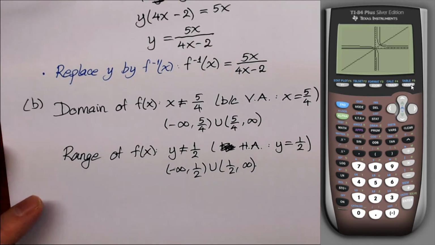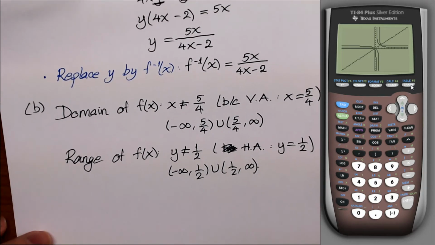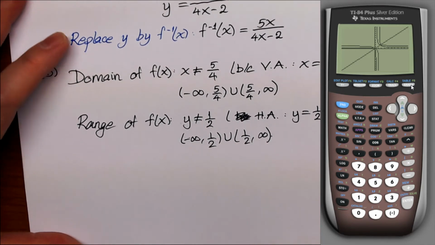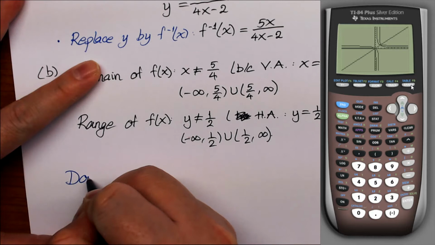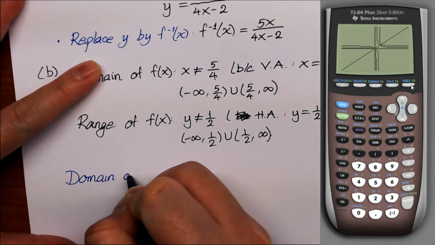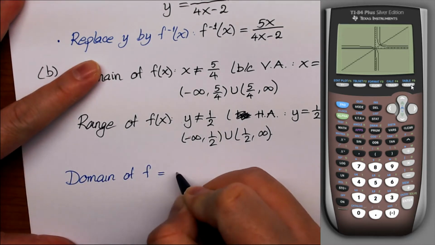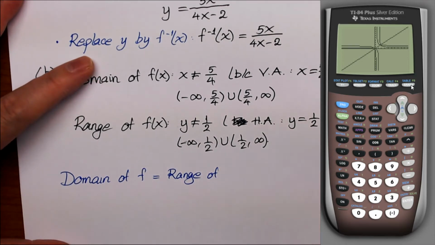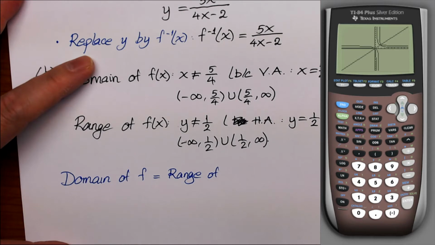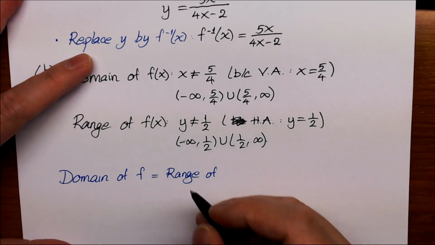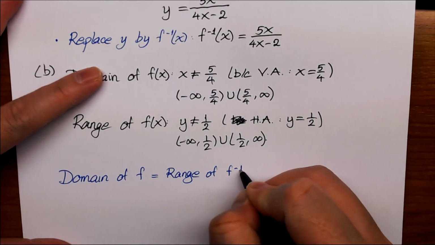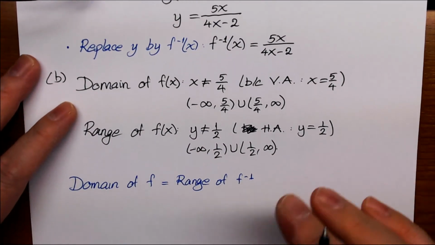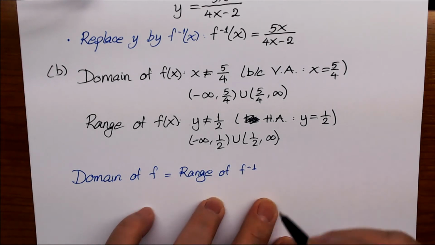And then the properties of the domain and range for the function and the inverse. Finally, we can write that the domain of the function equals the range of the inverse. And we don't need the calculator anymore. That is because we interchange x and y, so the domain and the range also interchange.